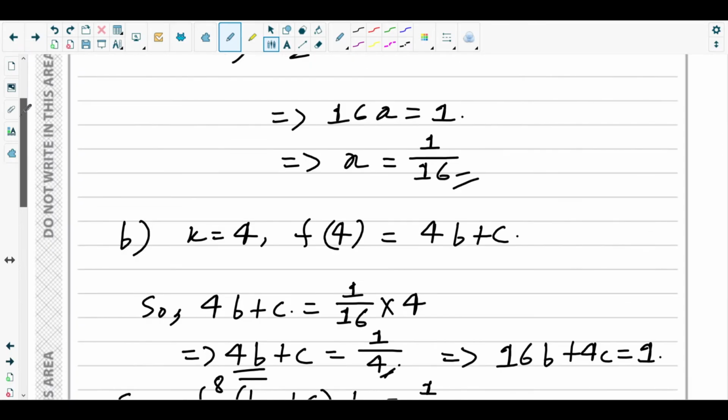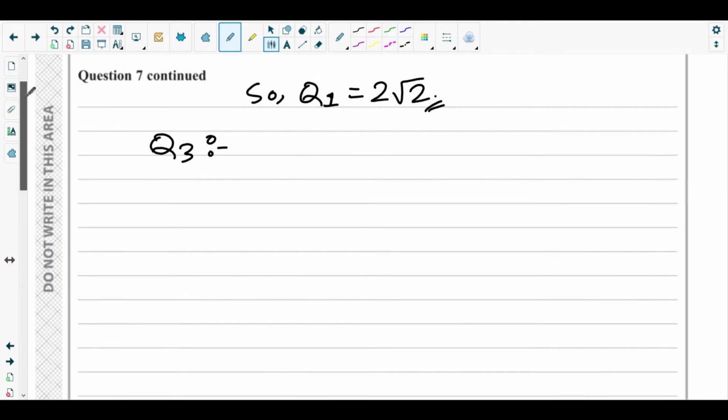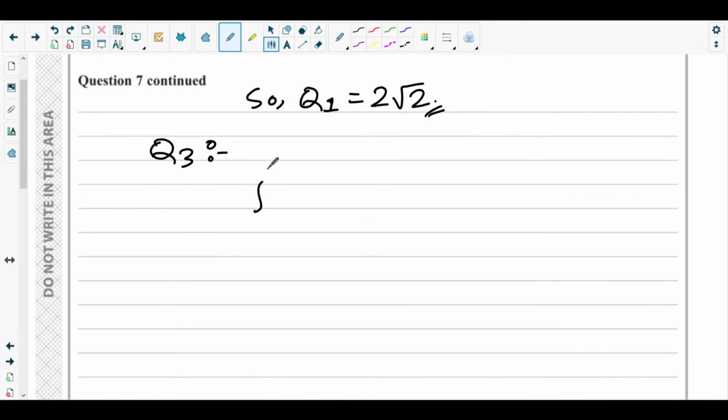Okay, so for Q3 we're going to consider integration. The upper limit is x3. Lower limit is 4. And negative equation is -1/16 x plus c. The value for c is half. Yeah, half. Okay, dx, this is equals to what?